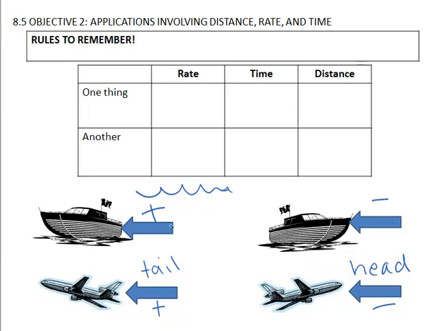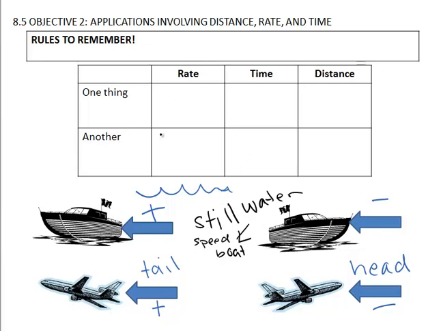The other thing with the boats, they use the term still water. That means there's no push and there's nothing the boat's pushing against, there's nothing pushing the boat. So it's only the speed of the boat. Okay? So still water is just the speed of the boat.